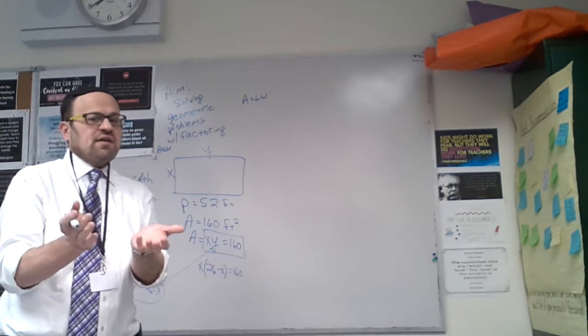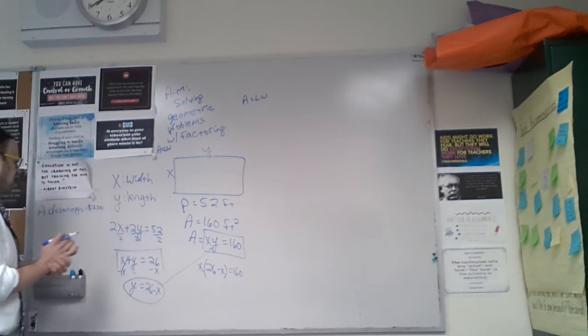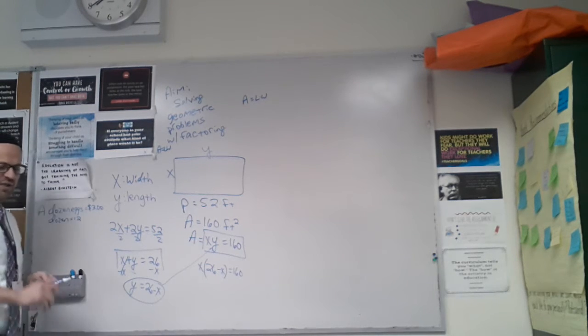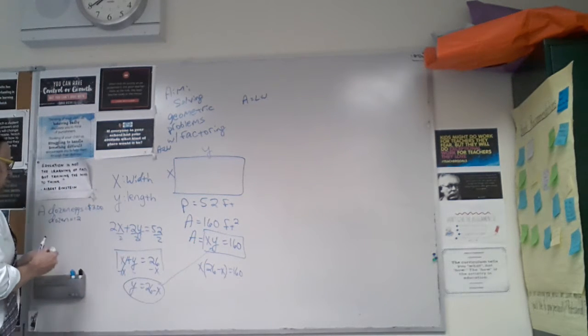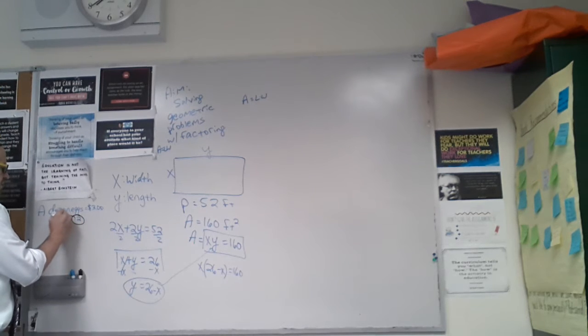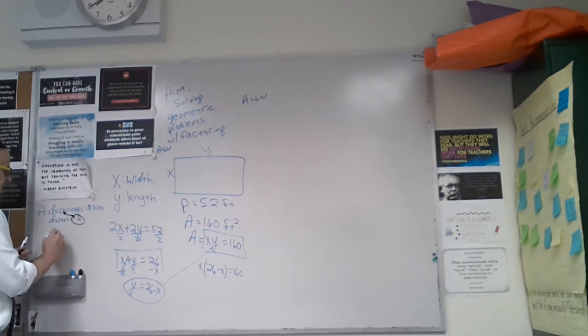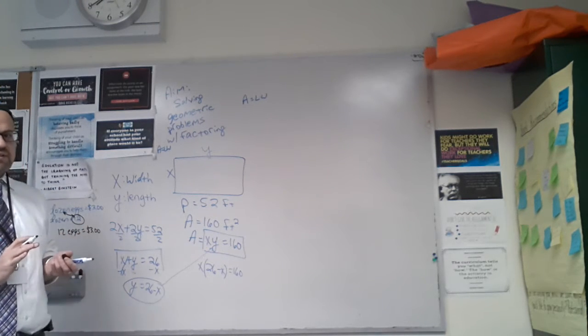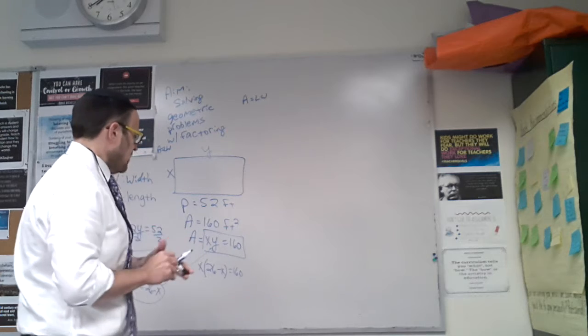If you don't know that a dozen is 12, you're not going to be able to solve it. So we're substituting dozen equals 12. So now if I know that 12 eggs equals $3, now I'm in business. No problem. Okay.